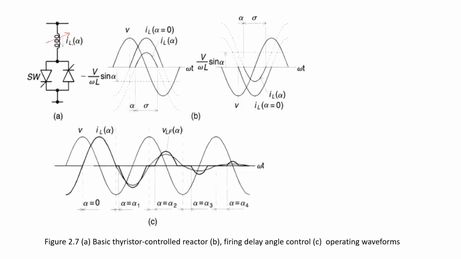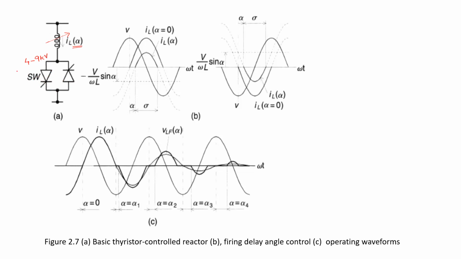That is the current I, and it is a function of firing angle alpha. And two thyristor valves are connected bidirectionally. Already we have discussed that the rating of one thyristor may be 4 kV to 9 kV, so a number of thyristors are connected in series to obtain the required voltage level.